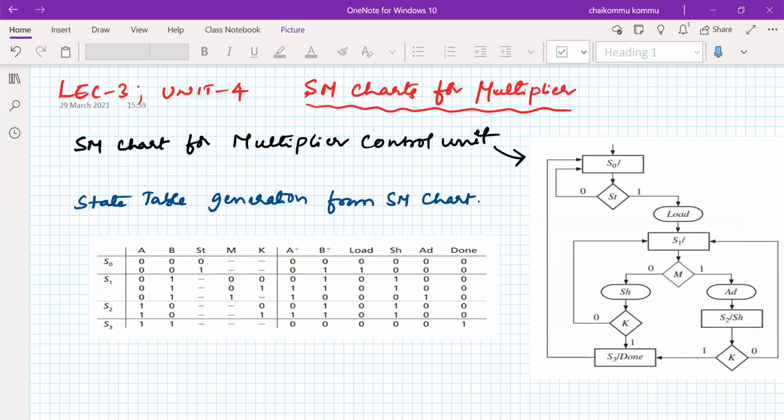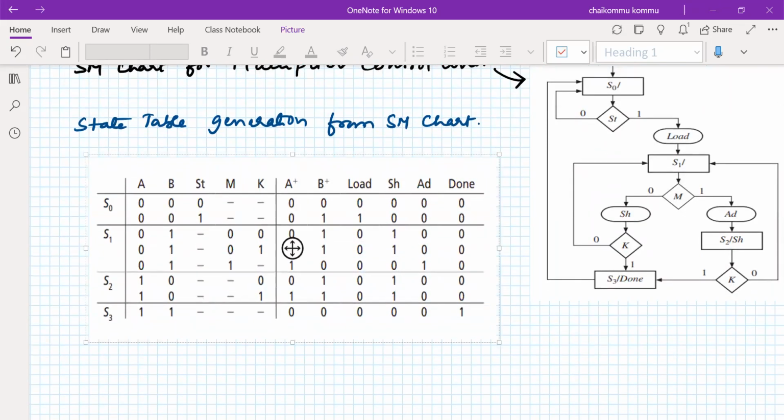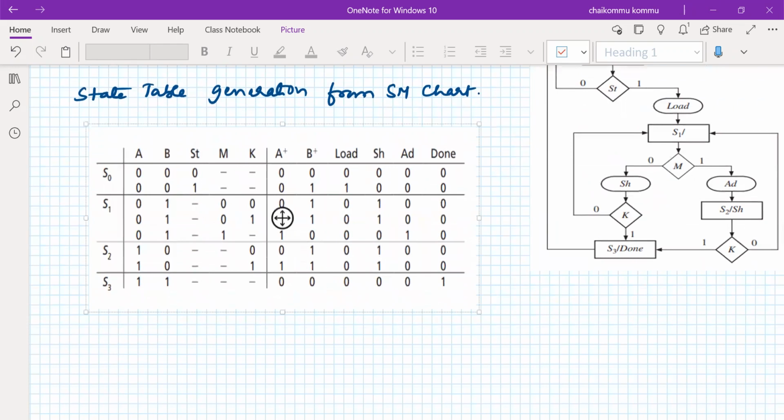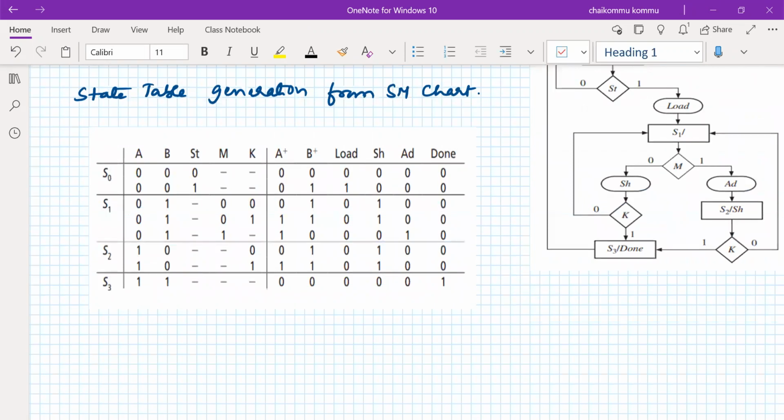This is the state table that we can generate. How did we get this information? This we have derived based on the fundamental understanding of the SM chart as a sequential block.